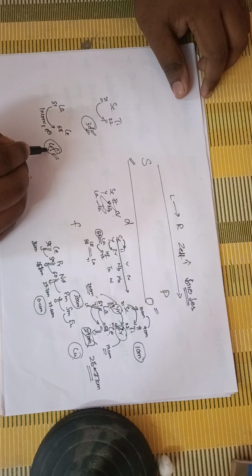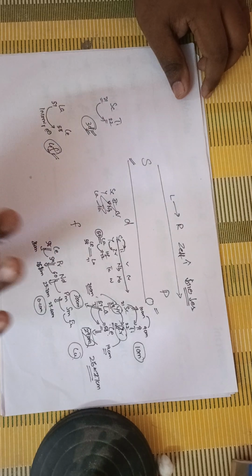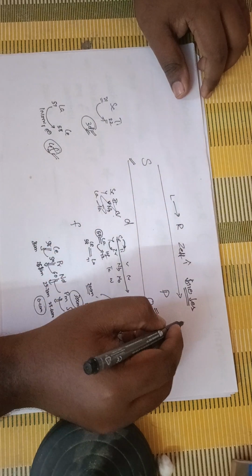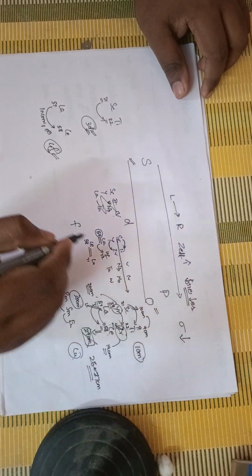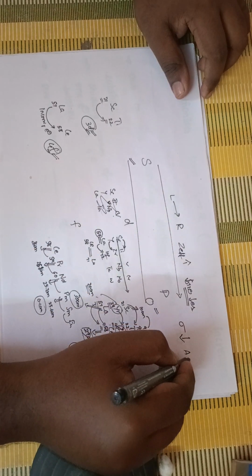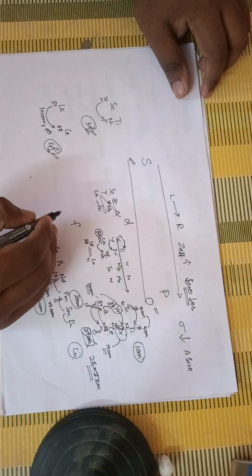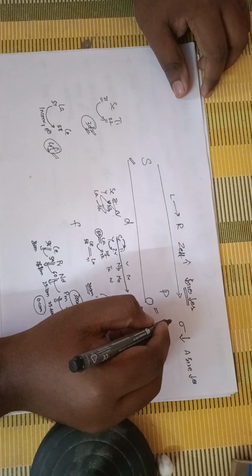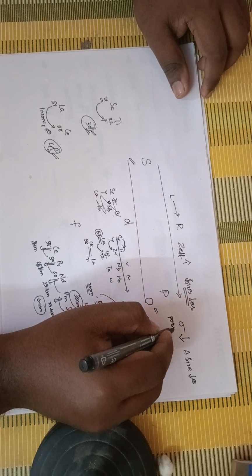Once the incoming electron goes to 4f, the screening caused by the electron decreases. Sigma decreases, and if screening decreases, atomic size decreases. The screening is caused by the inner electrons.